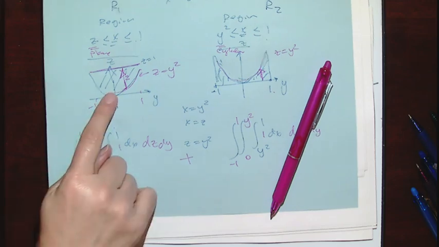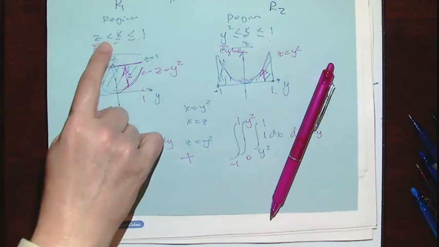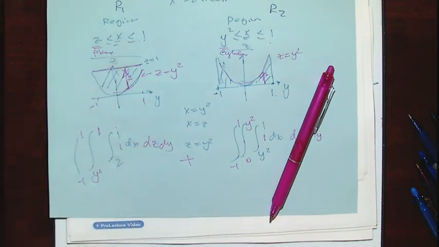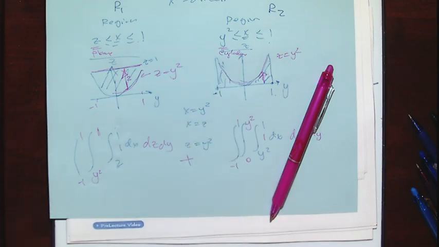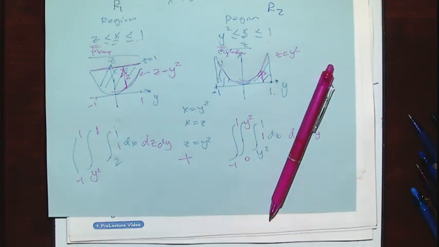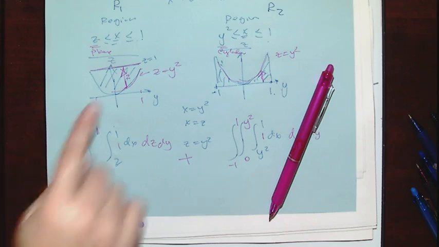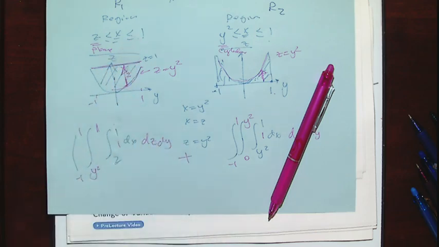I'm integrating the shaded region. For this one, plane to plane, it starts from plane and goes to plane. And then there's another shaded region from cylinder to plane. Wait, the red here, that's a plane. That's plane to plane. The other one is cylinder to plane.